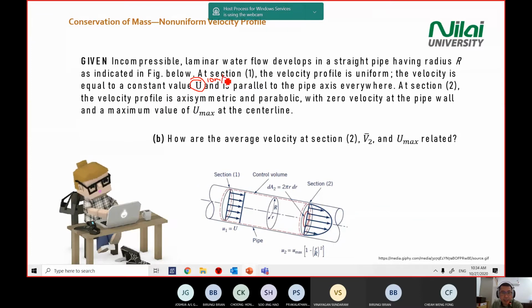So here, the velocity going in is 10 meter per second.